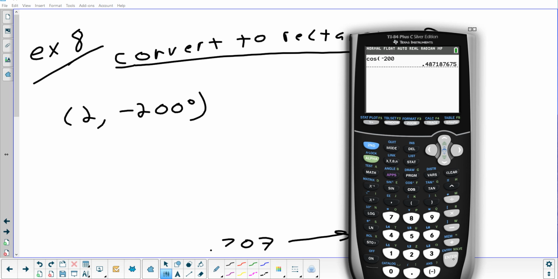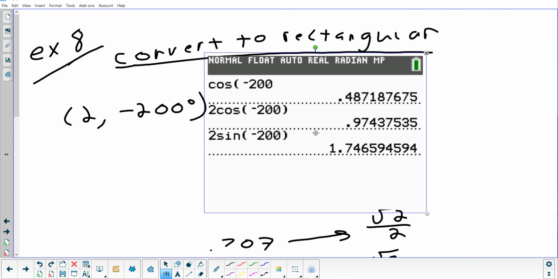So 2 cosine negative 200, there's your x. 2 sine negative 200, there's your y. There are no special decimals there because it is not a multiple of 30 or 45.